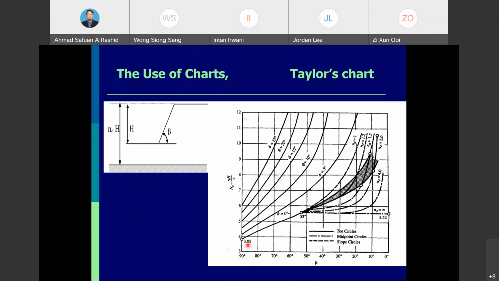Before we look at the chart in detail, I just want to share with all of you how Taylor developed this chart by using a dimensional analysis. Actually, I have shared this before you joined.